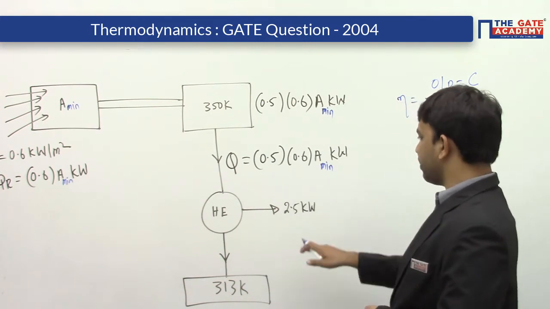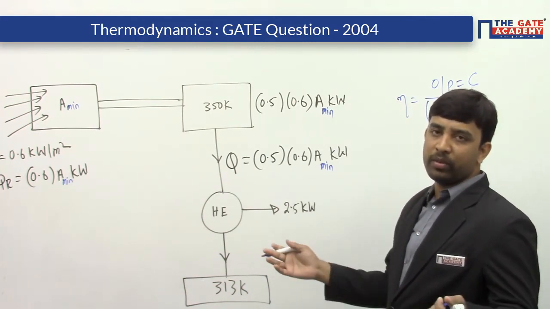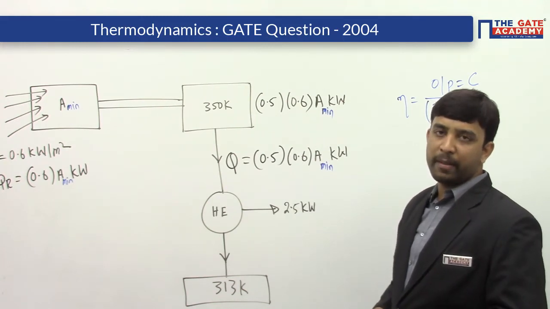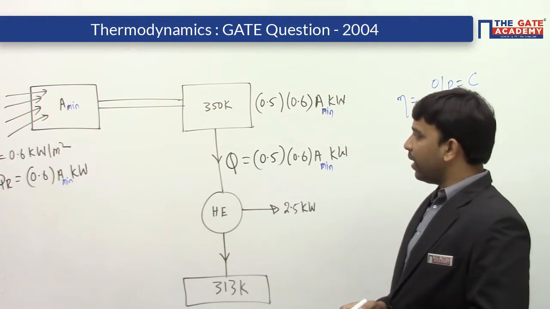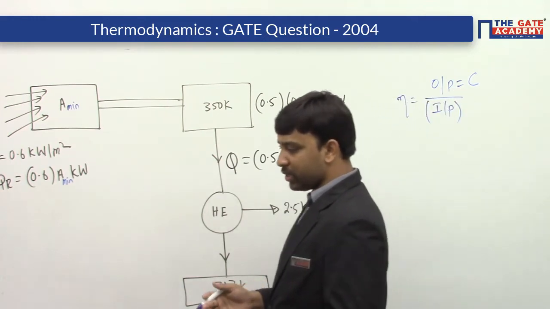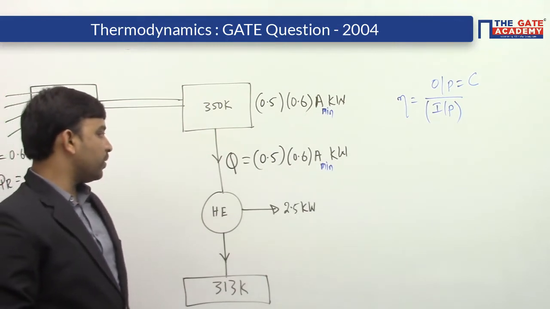So to get this work, the minimum input will be required by an engine whose efficiency is maximum, and that is the Carnot engine. The Carnot engine has the maximum possible efficiency.